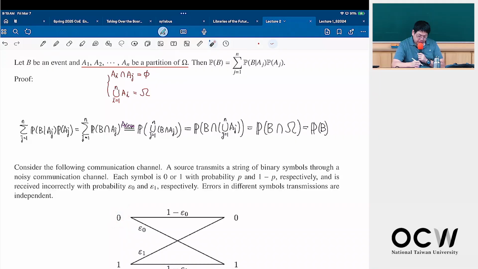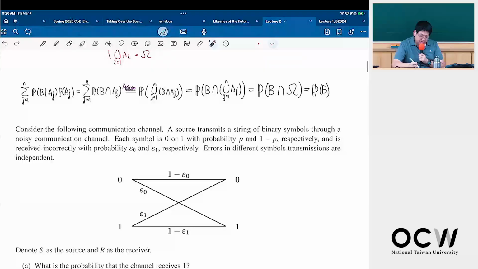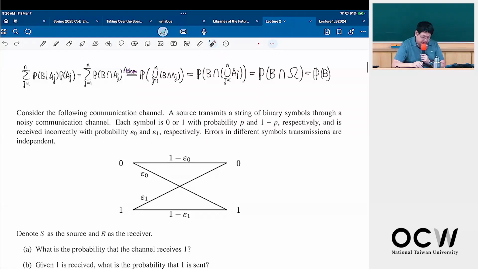If I send 0 and receive 0, this probability will be 1 minus epsilon naught. And errors in different symbol transmissions are independent. Now S is the source and R is the receiver.